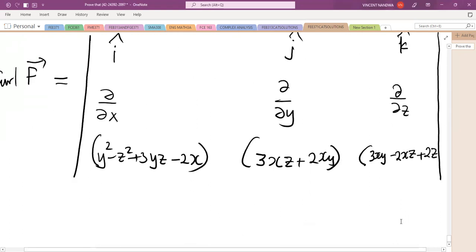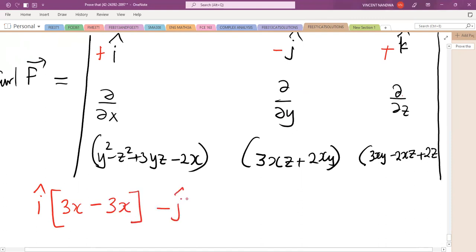So expanding along the first row, this one has plus sign, this negative, this plus. So we'll have the i vector times partial y of this component, which gives 3x, and then minus partial z of this component, which gives minus 3x.